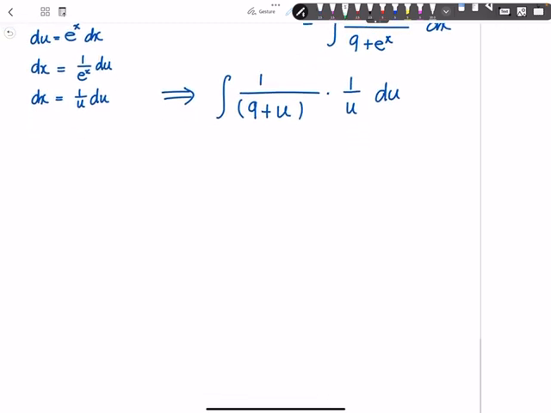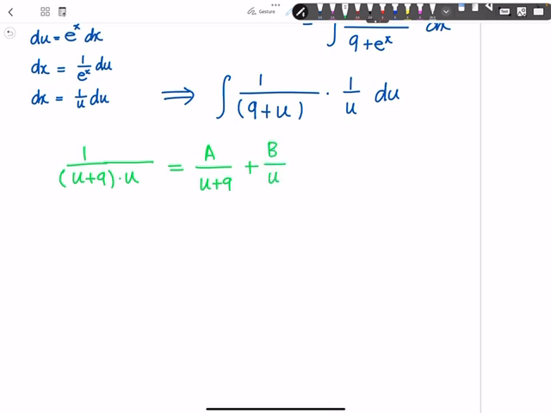All right, so here we go. I would like to take the term 1 over u plus 9 times u, and I will write this as a over u plus 9 plus b over u.